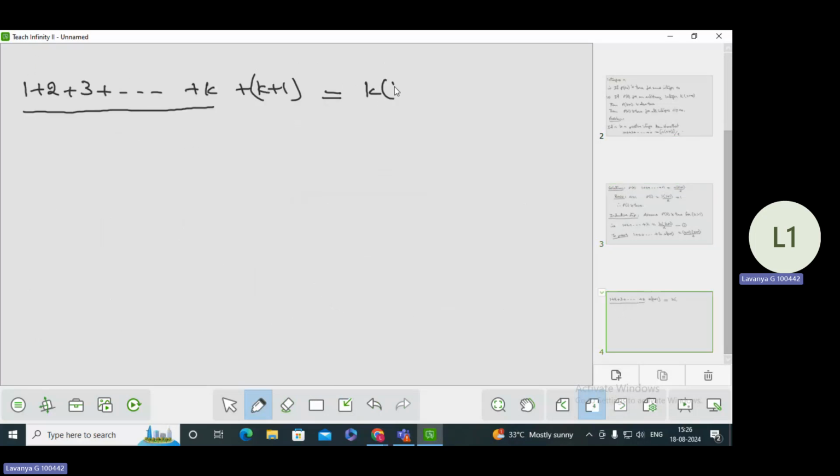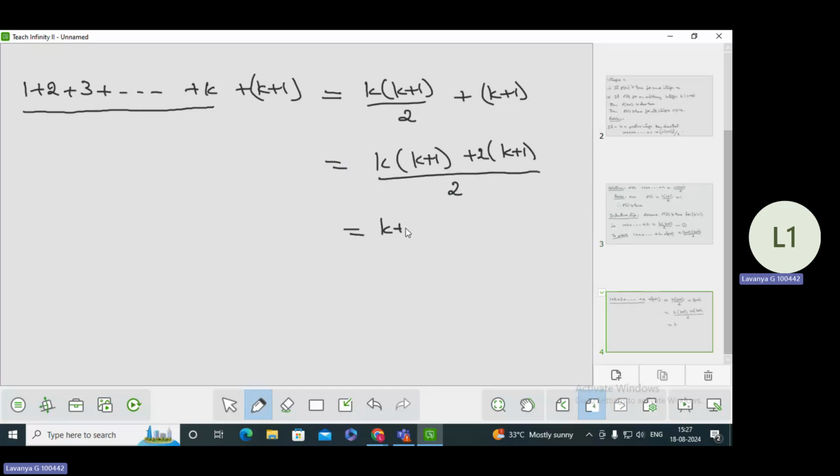Substituting that, I will have k into k plus 1 by 2 plus k plus 1. Now let us take LCM for this. So this is k into k plus 1 plus k plus 1 into 2, whole divided by 2. So k plus 1 is a common factor. Pull it outside. So this would become k plus 1 into k plus 2 whole divided by 2.